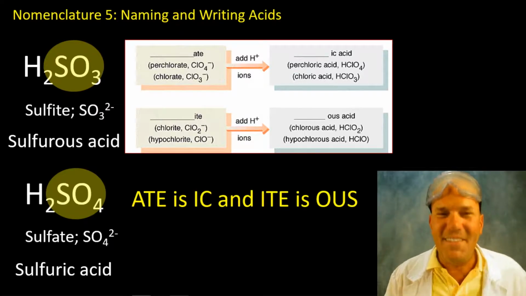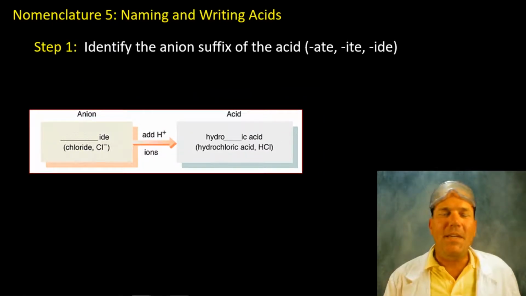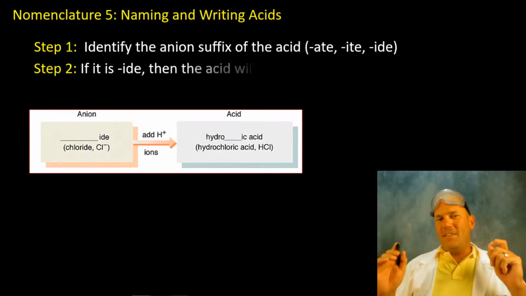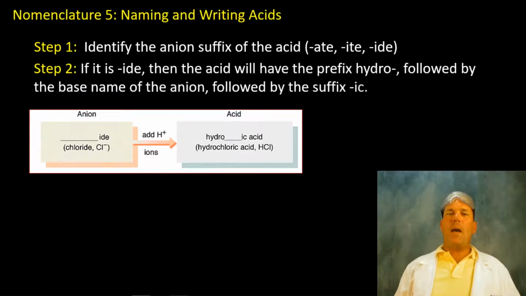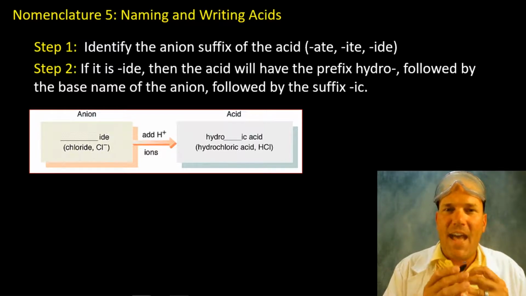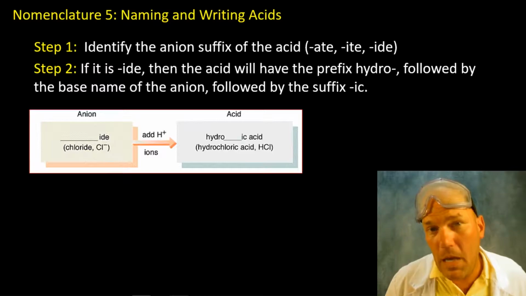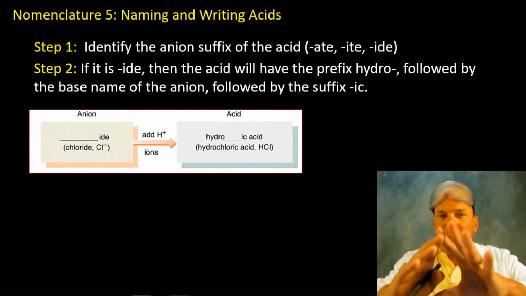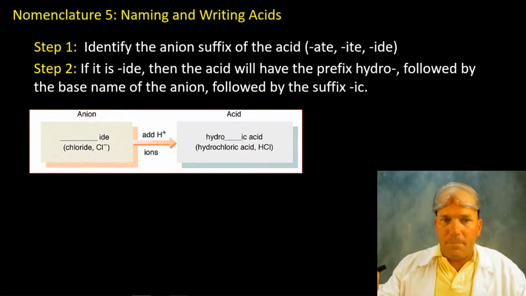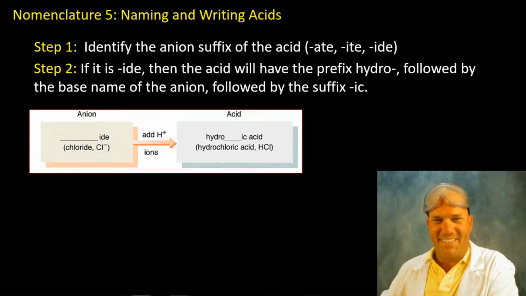And we still have one more to go, and that would be identifying a suffix of "ide." If the compound ends in "ide," then the acid, this is a little more complex, will have the prefix hydro followed by that base name, that stem name, followed by ick and acid.